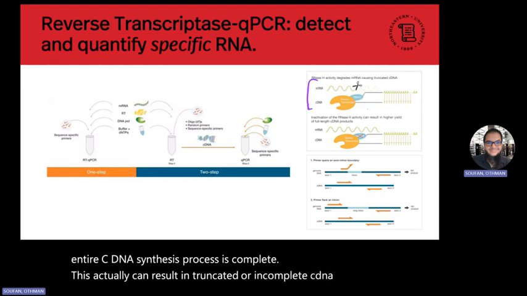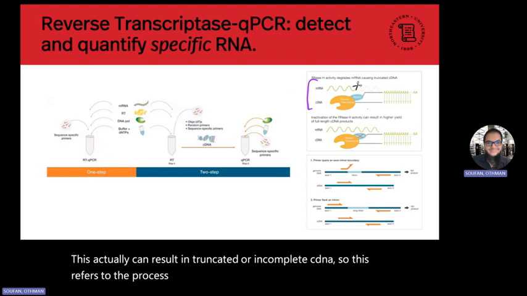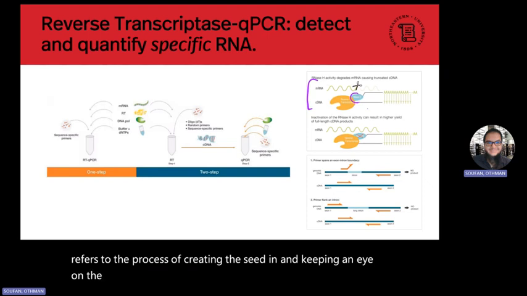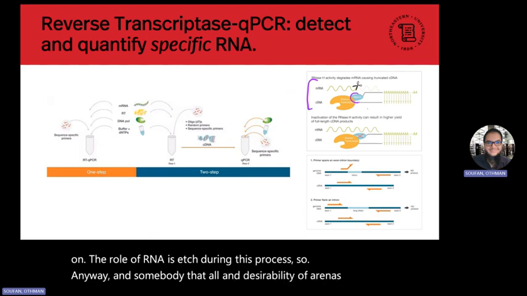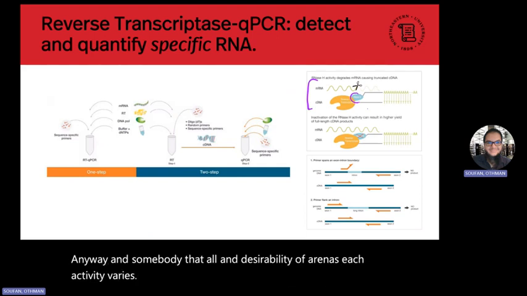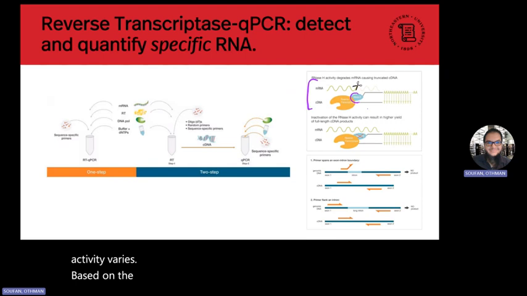So this refers to the process of creating the cDNA and keeping an eye on the role of RNase H during this process. In summary, the role and desirability of RNase H activity varies based on the molecular biology application one has in hand.